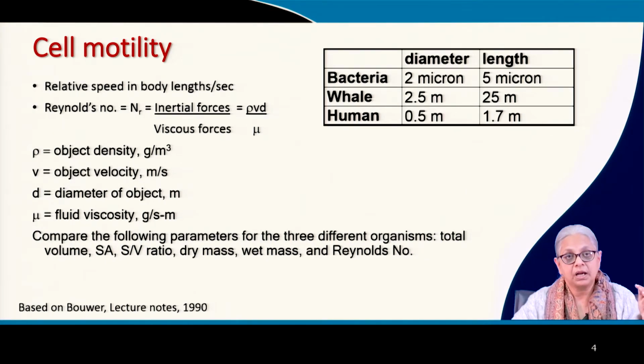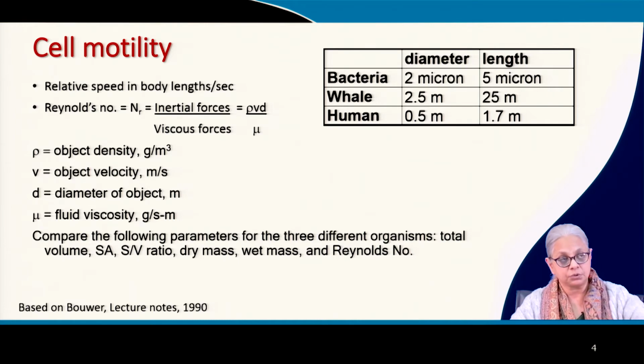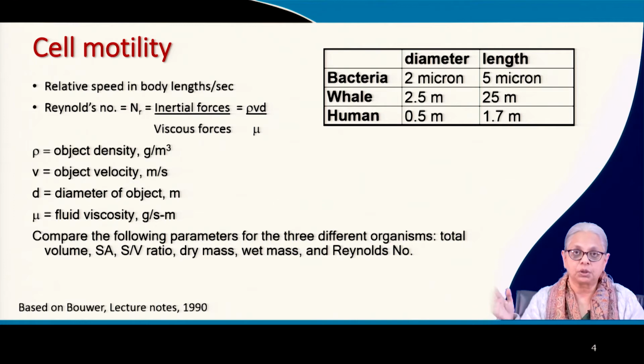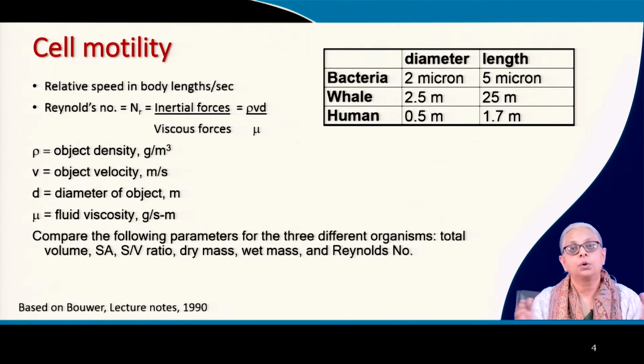So I can measure my ability to cover distance while I'm swimming. So if I'm swimming, I know how much distance I can cover in a few seconds or minutes and so on, right? We can convert that to body length, because that will put it on a relative scale. So I can measure it in meters per second, or I can measure it in body lengths per second to put it on a relative scale.